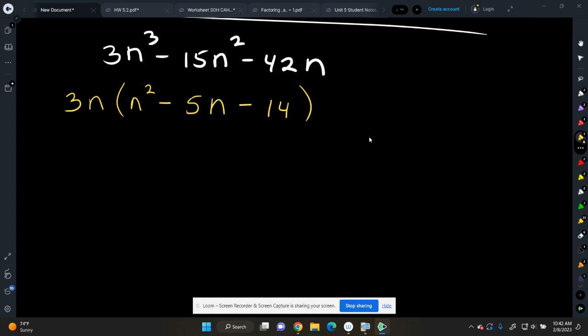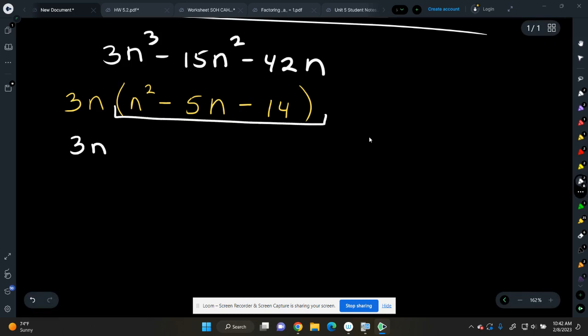We did the first step. We got the greatest common factor. The next step is to factor what's inside that parenthesis. So we're going to do this part right here. So we make two sets of parentheses. We put n in each one. And we check our numbers again.